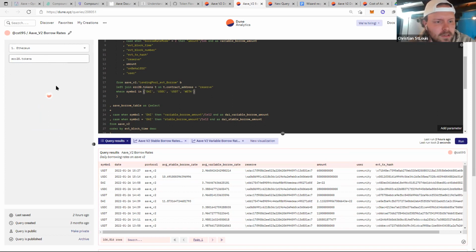So you can see here, there should be a table here, yeah. So this table maps symbols to all contract addresses, as well as their decimals, actually, which is helpful. So just kind of an ease of use thing. And there's a bunch of tables like this that are user generated. Like I think there's some DeFi Llama tables in here. Oh, maybe not.